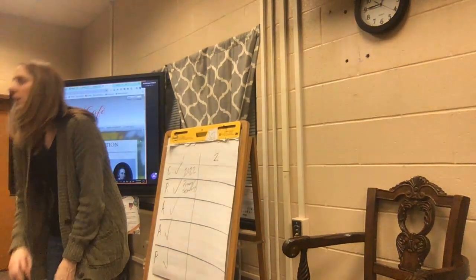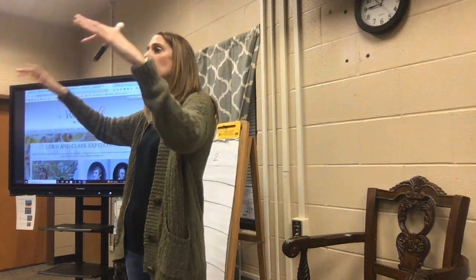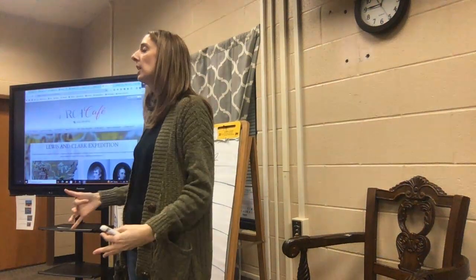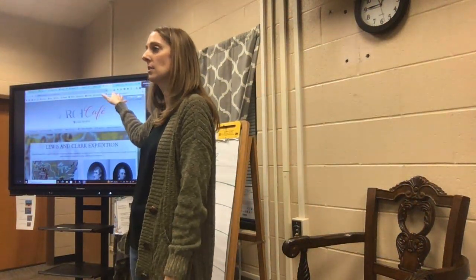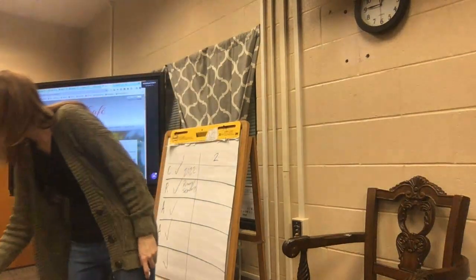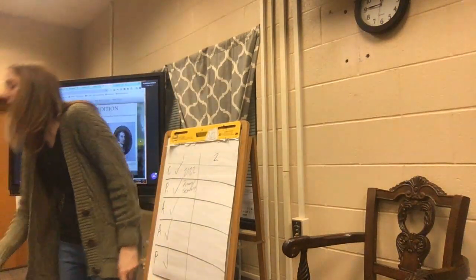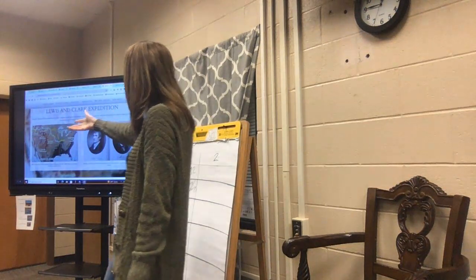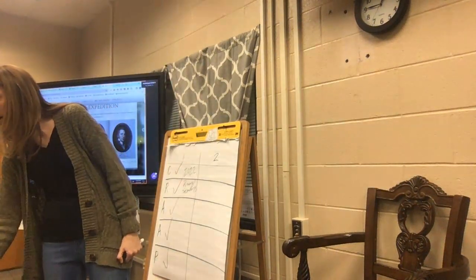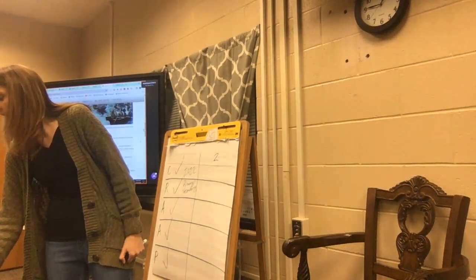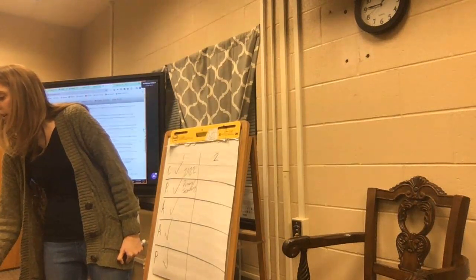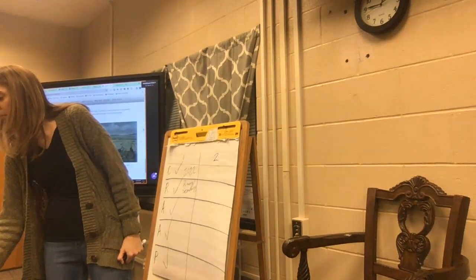Okay. The second one we're going to look at is this one. When I typed in Lewis and Clark, before I even got to page 2 of the results, this one was one of the top sites. Now, here it does have a map. It's got pictures of Lewis and Clark. We've got information. We've got more maps.